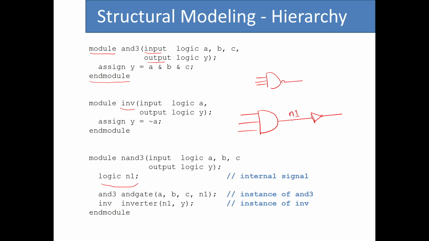So this is what we call here N1. So we say AND3 is AND gate, A, B, C, and N1. So you see the order of the variables that we put for the function is the same as what we had initially. So we have inputs A, B, C, and the output is Y.